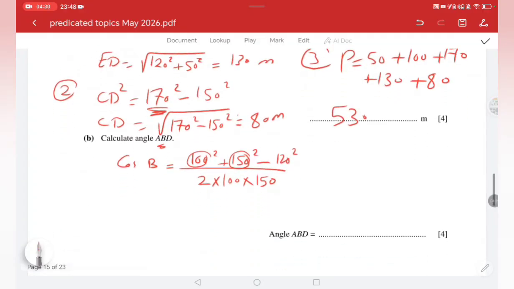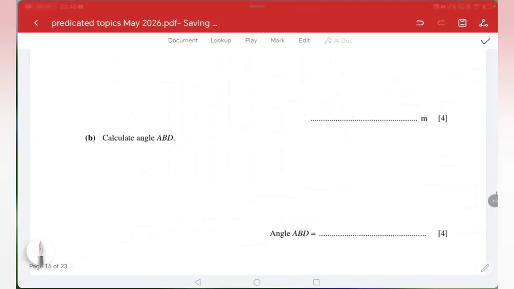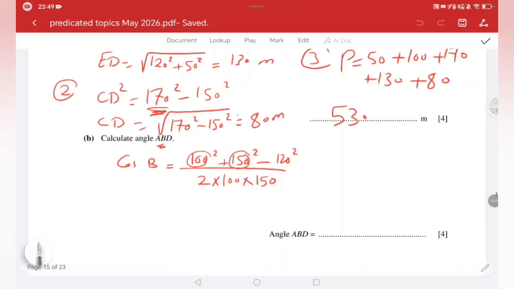Okay, so let's do it. 100 squared plus 150 squared minus 120 squared, all of this divided by, don't forget the brackets, 2 times 100 times 150. Then cosine inverse. The answer you have in the calculator is 0.603.